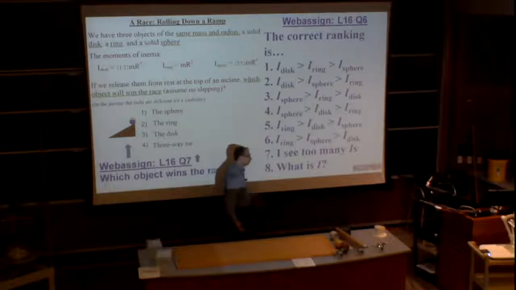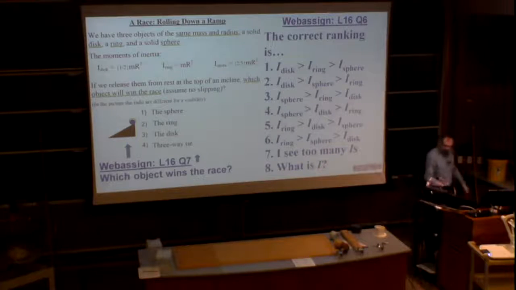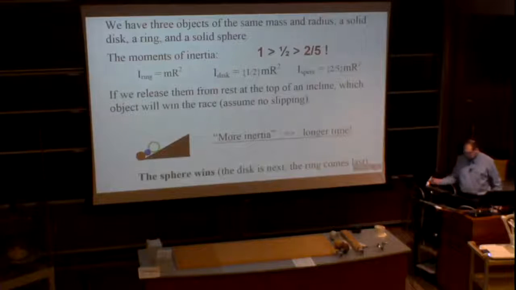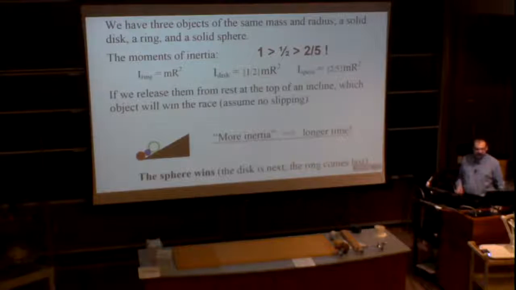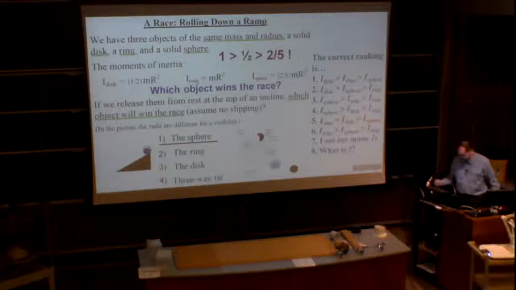Well, of course, the first question is just about numbers. We know that 1 is greater than a half, and a half is greater than 2/5. So we know that the sphere has the least inertial properties and less inertia, faster change of state.